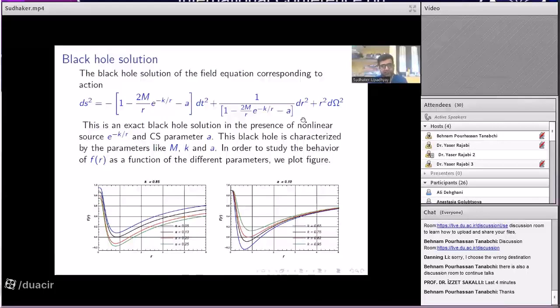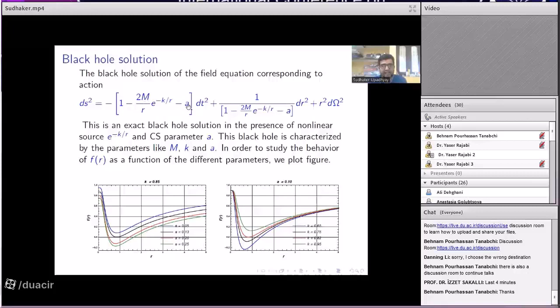So here you see that your metric function is given here, where this contains parameter A corresponding to the CS parameter, the cloud of string parameter, and this K is a deviation parameter from the Maxwell electrodynamics, and this M is basically an integration constant corresponding to the black hole mass.